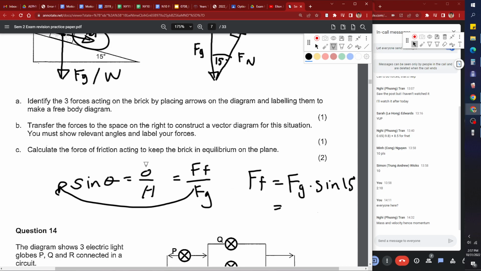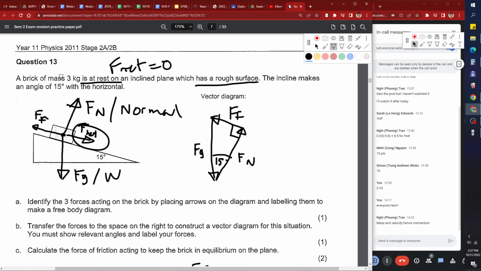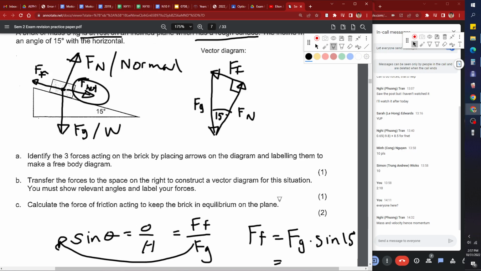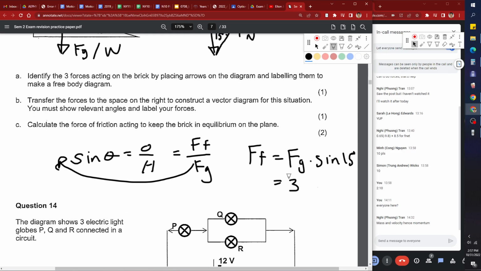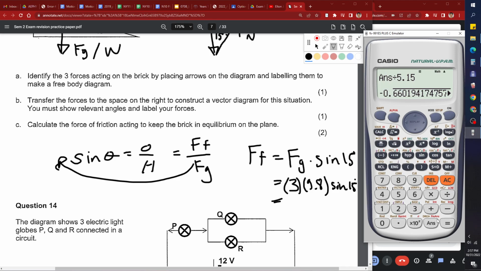Okay. Do we have mass or anything? Oh, we have 3 kilograms. That's it. So 3 kilograms times gravity times sine 15. Okay. Whatever that is. 7.61.